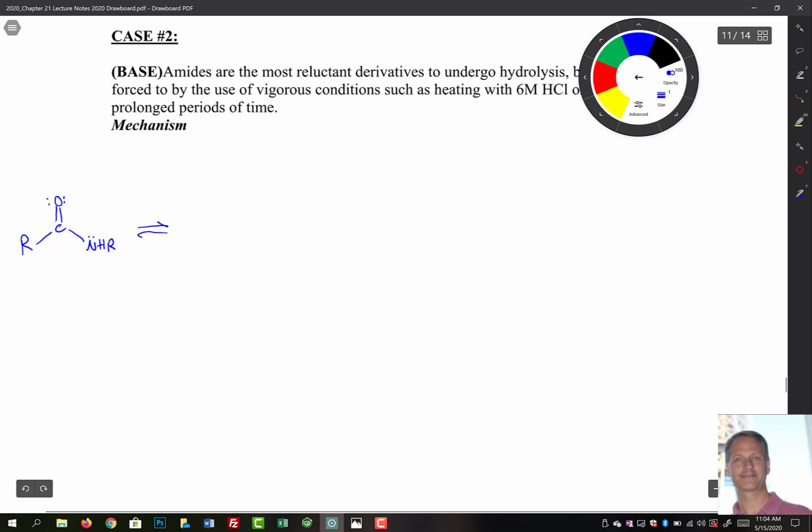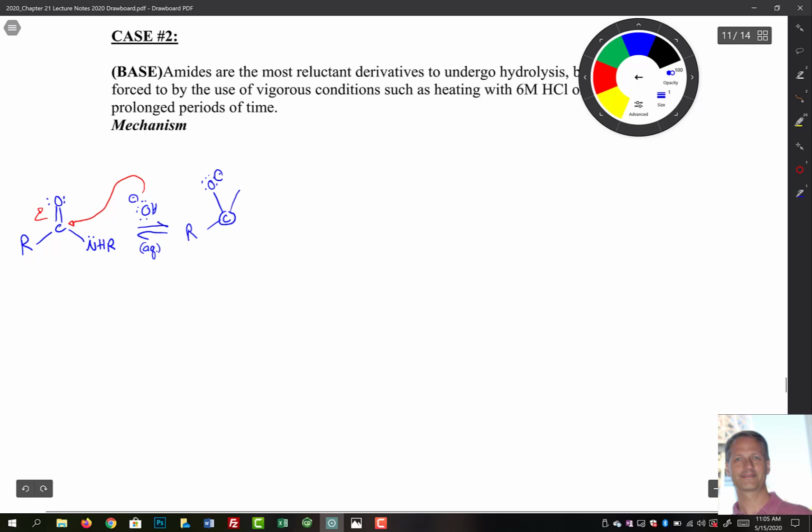So for the basic hydrolysis, we want to have hydroxide present here. And we will have an aqueous solution. Well, probably we're going to come over here and grab that carbon. Right, that'll make your R group connected to your carbon. And then we'll have an O minus up here.